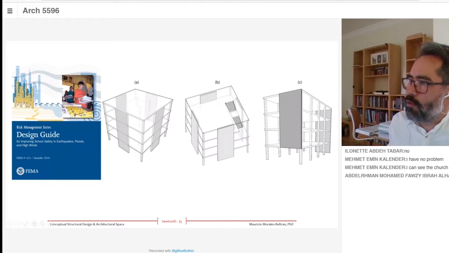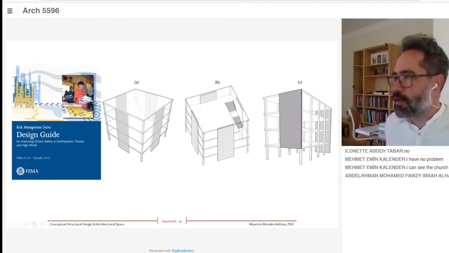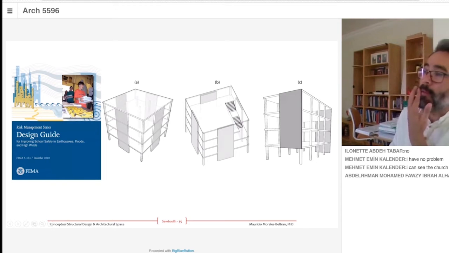This is wrong because you're cutting the connection between the slab and the structural element with a staircase. And C, in the front, is showing a mistake, which is discontinuity of the vertical structural element, whereas it should be like the one at the back, which is continuous. So that is the problem.